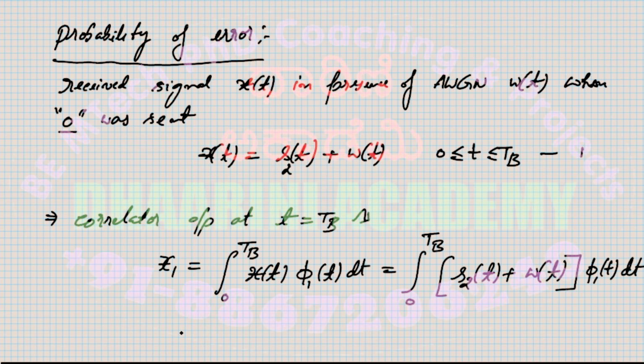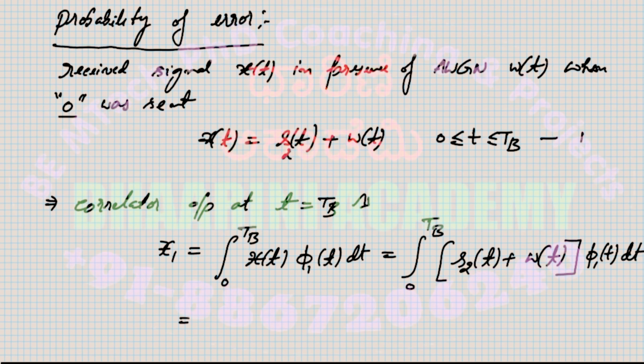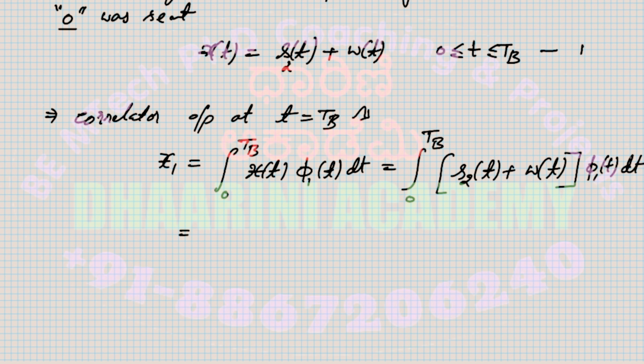Okay, so that means you can actually write this, right? So s2 of t gets multiplied with phi 1. So I can split the integral from 0 to t.